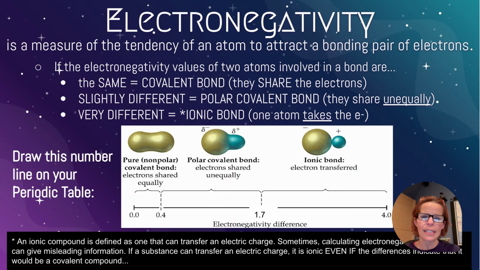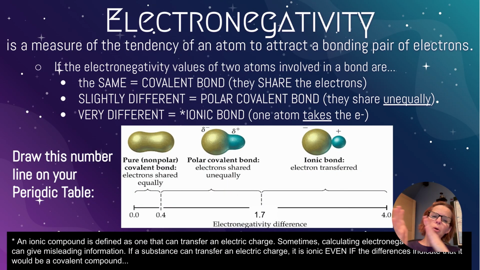And we're going to talk about that in detail. Notice that there's this little sign right there, that little symbol. That's a partial negative sign around the atom that is a little bit stronger. And then the atom that doesn't get the electron for as much of its time or as closely, we're going to say that one has a partial positive charge.